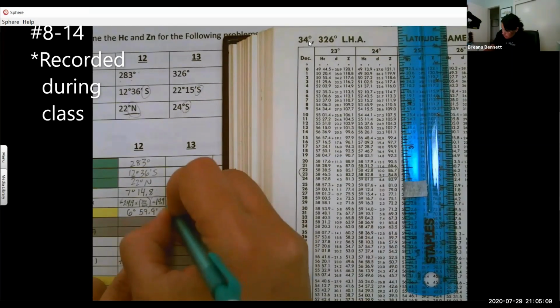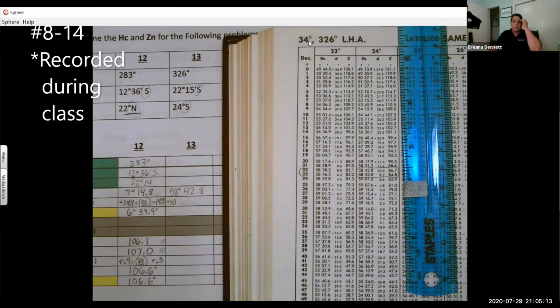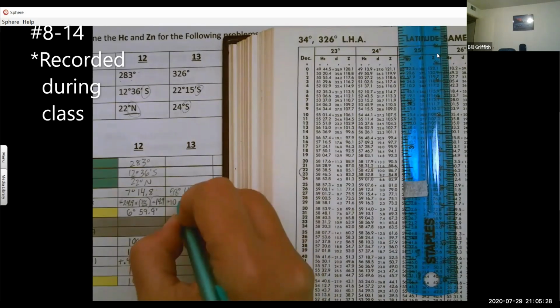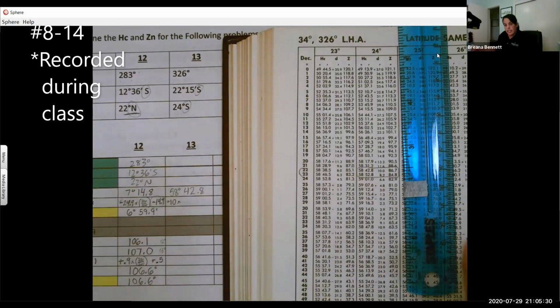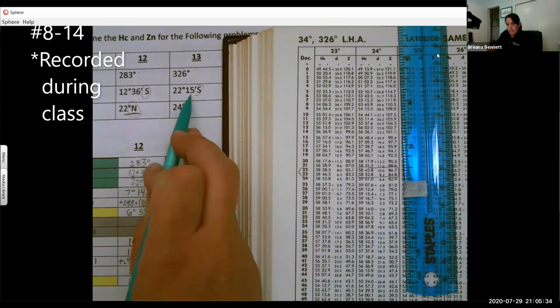I'm going to put a plus 10 right there. And then my fraction of the declination is going to be 15/60.